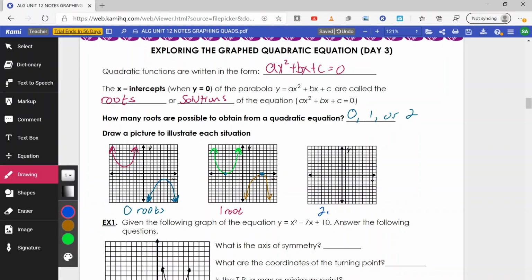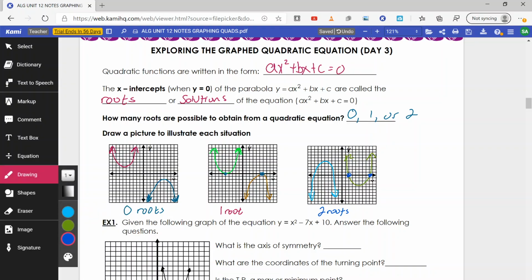Now, two roots means it comes down through the x-axis and then back up. So two roots, if it's a positive x squared, it's going to come down through and back up. So again, it crosses in two different spots. It crosses right there and over here. So there we have two roots. And if we have a negative x squared, it means we come up and then back down.